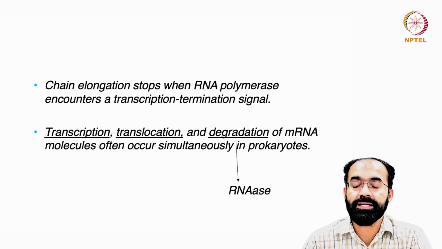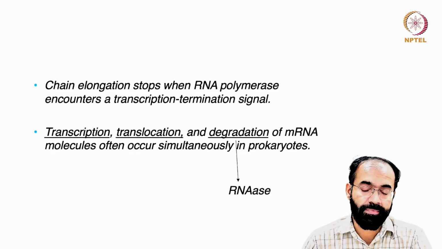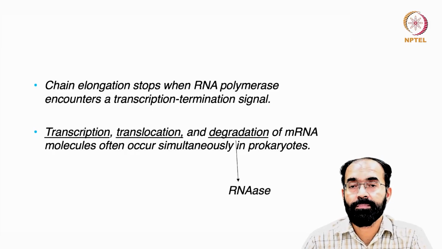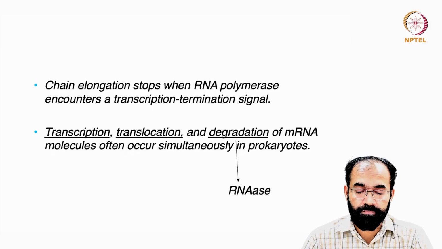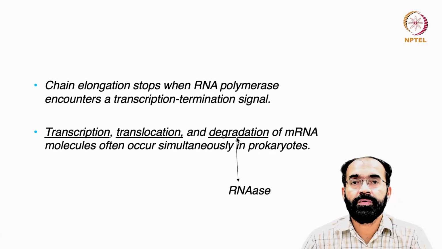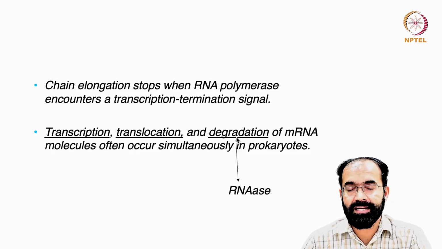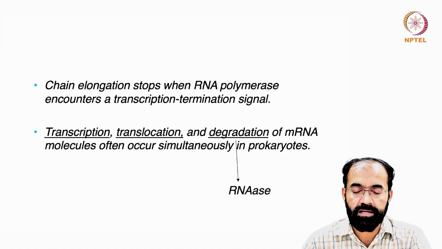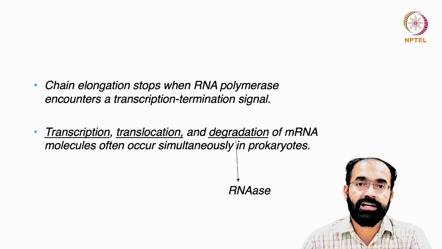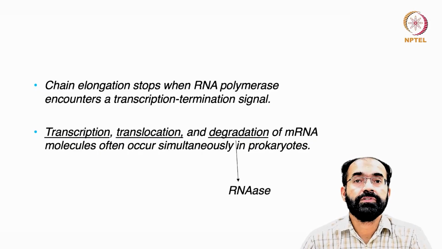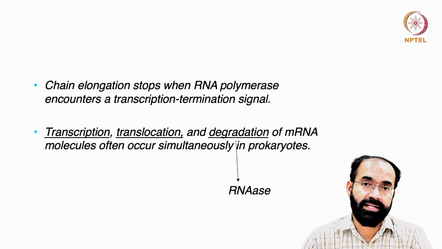So it has to complete the whole process in no time. Otherwise, it will not be able to make a living. And the degradation is often accomplished by dedicated enzymes such as RNases. Different types of RNases are there, but RNases in general target the RNA molecules freely present in the bacteria.